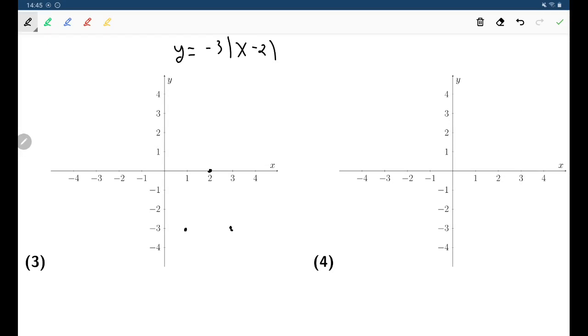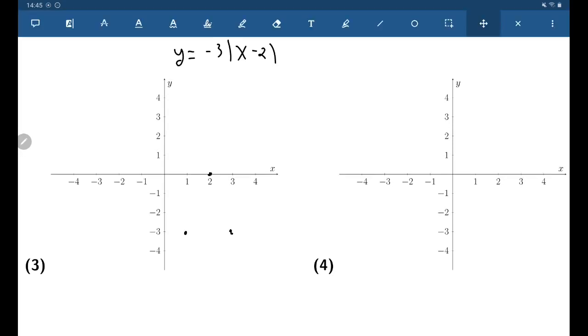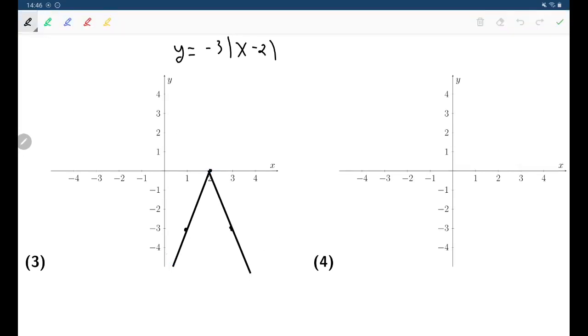Same thing with the point 3, 1, multiply its y coordinate by negative 3, and you get 3, negative 3. And let's just label that. There we go. Points nicely labeled.